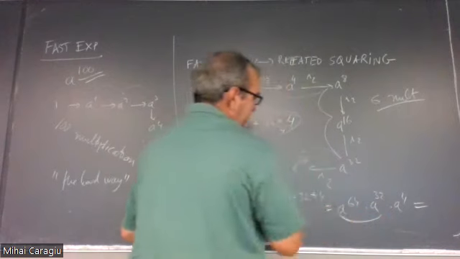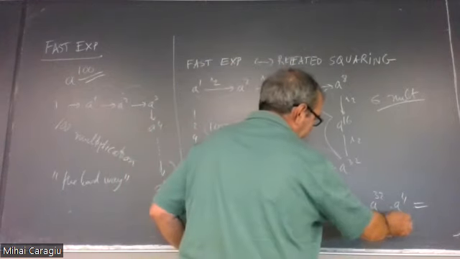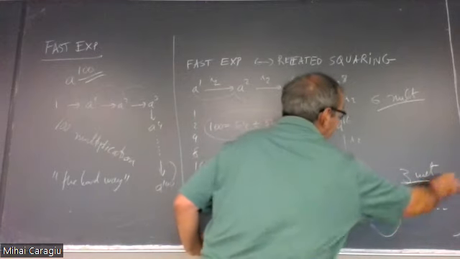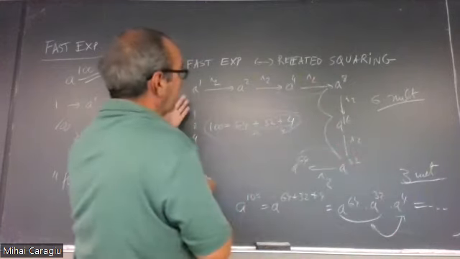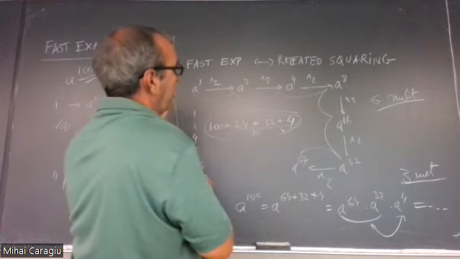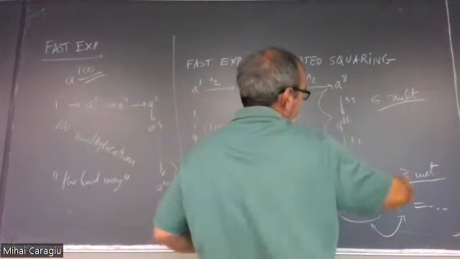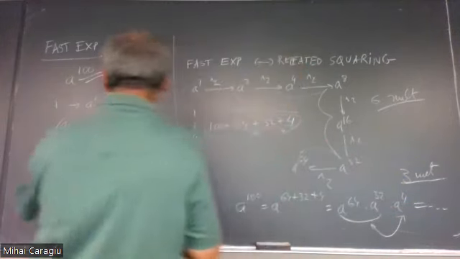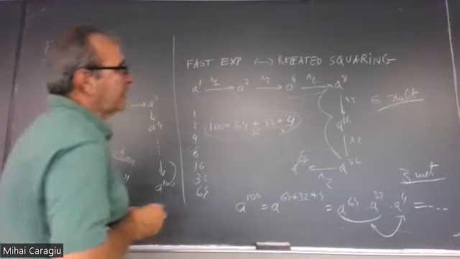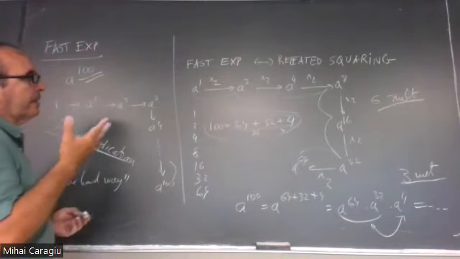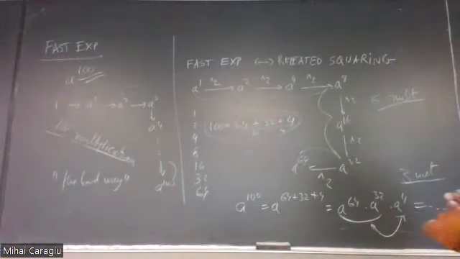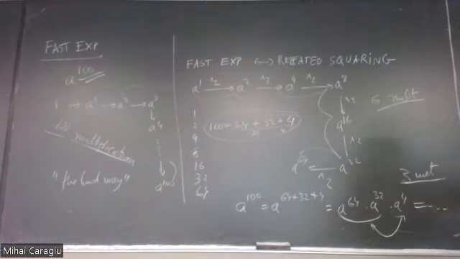We can multiply two together, 1 multiplication, and the result multiplied with the other one, so we get 3 multiplications. So overall, to calculate a to the power 100 by this method, we only need 6 from the repeated squaring and 3 from the other step, 9 multiplications compared to 100 multiplications. So there's a big increase in efficiency, right? That's a very important algorithm which allows us to calculate fast modular exponentials.